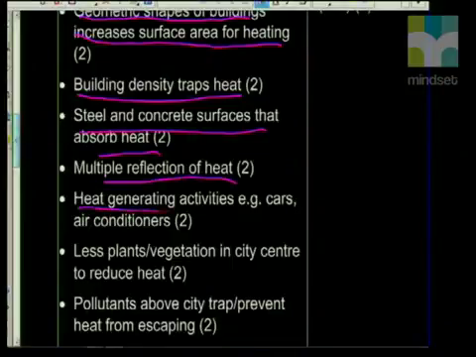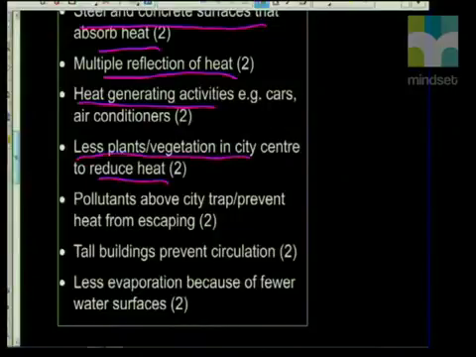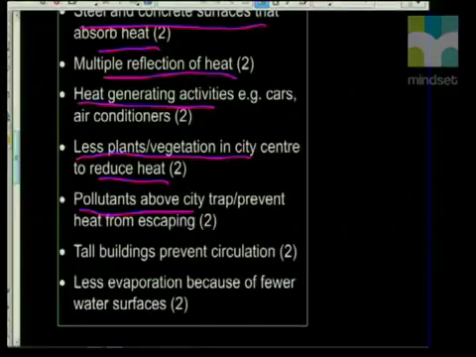Heat generating activities, cars, factories, air conditioners, etc. All right. Less plants in the center to reduce the heat. Remember photosynthesis. Pollutants above the city. This pollution layer lying above the city, it traps the heat. All right. Tall buildings prevent circulation, movement of the heat. It traps it. All right.